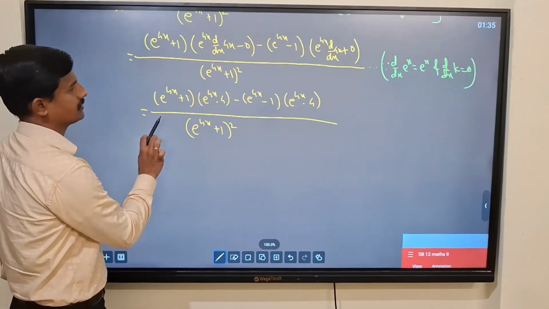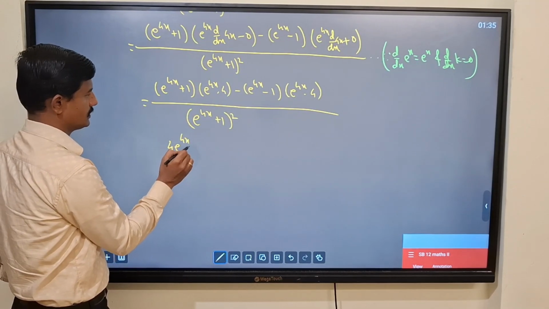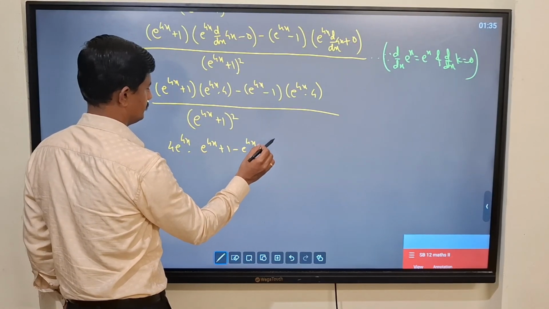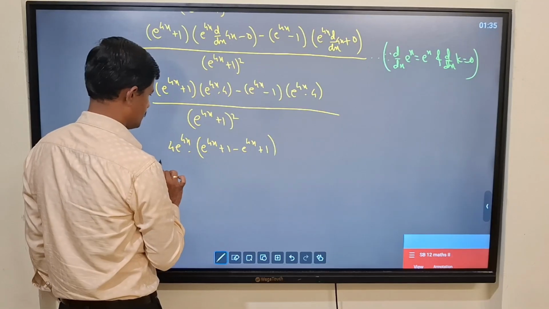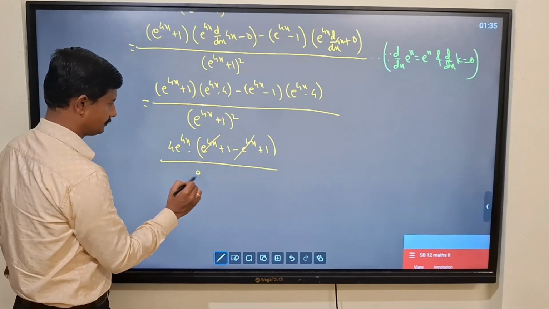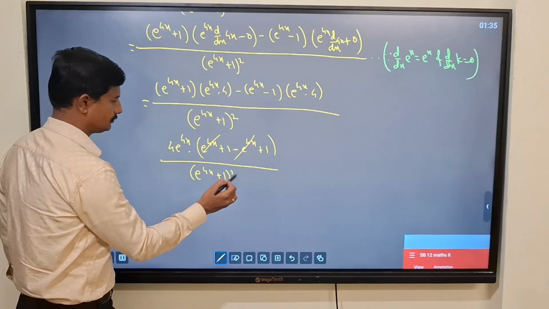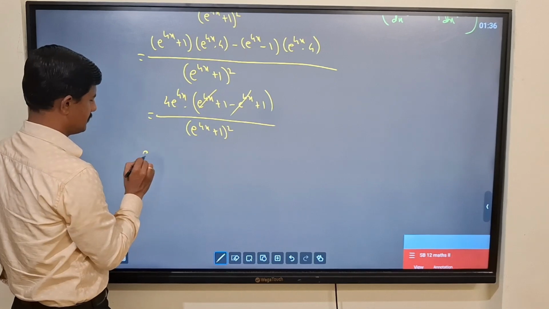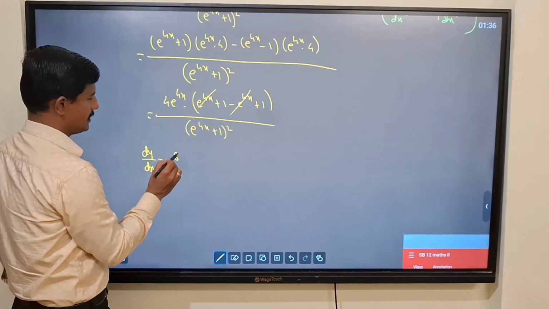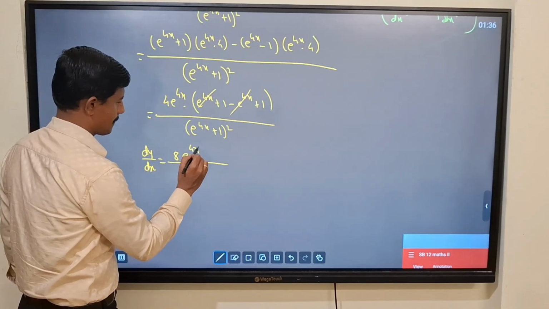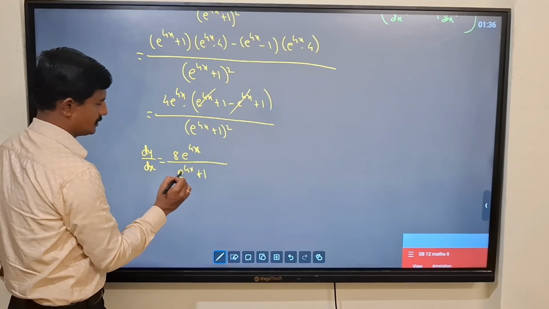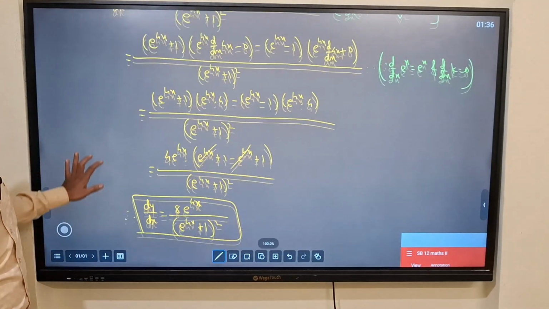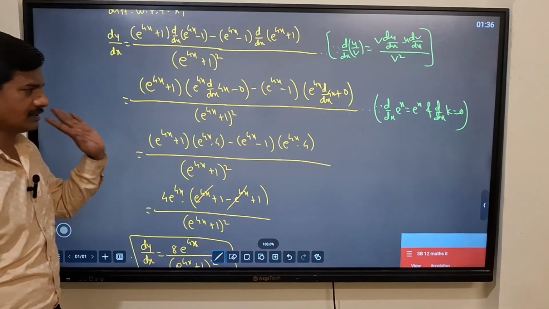Now we will take these terms common. 4 e raised to 4x into e raised to 4x plus 1 minus e raised to 4x minus 1, minus minus becomes plus, upon this term gets cancelled with this term. So this becomes 1 plus 1, 2, and 2 fours are 8. So your answer is 8 e raised to 4x upon e raised to 4x plus 1 whole square. This is your answer. You can stop your answer at this stage also, that is fine.